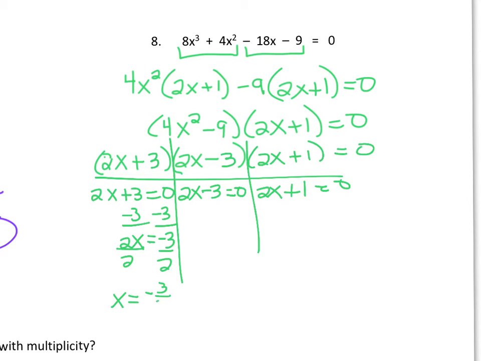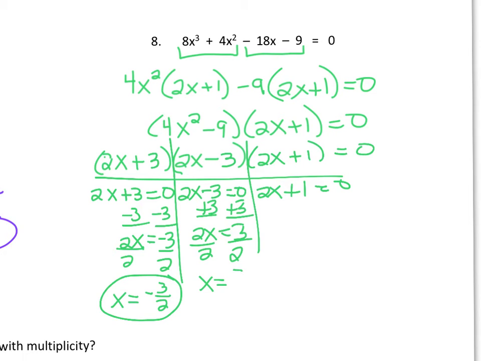Or if you want to write that as negative 1.5, you can. All right, here we're going to do pretty much the same thing, except we're adding 3. So we get 2x equals 3. And then when we divide by 2, we get x equals 3/2, positive 3/2. So if you want to write 1.5, you can do that instead. That's up to you.